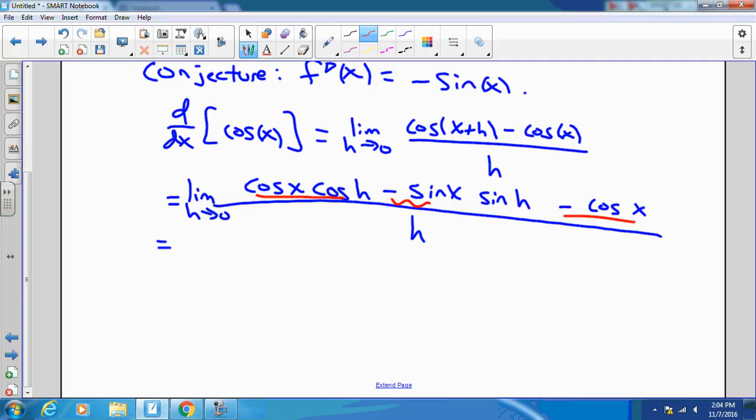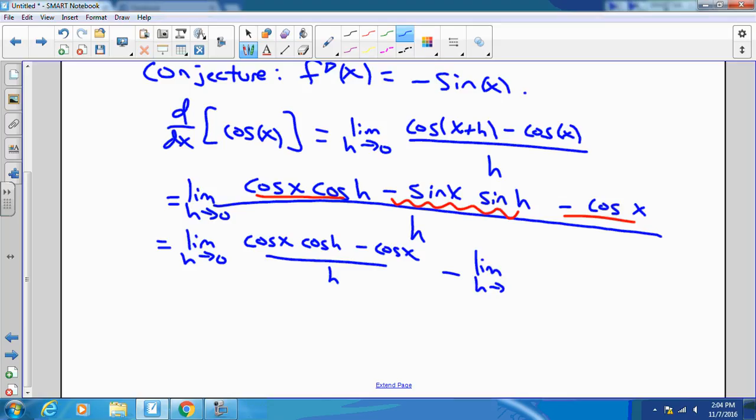The first one and the third one go together. Good. And this guy is separate. So we get the limit as h goes to 0 of these two terms, cosine x cosine h minus cosine x, all over h, minus the limit as h goes to 0 of this term, sine x sine h over h.